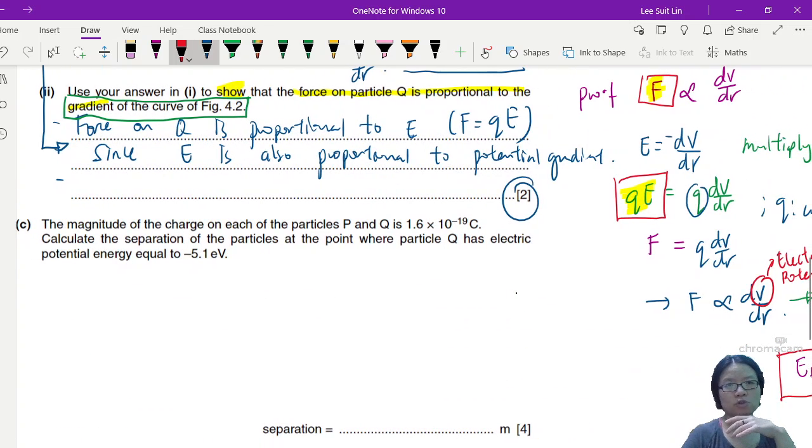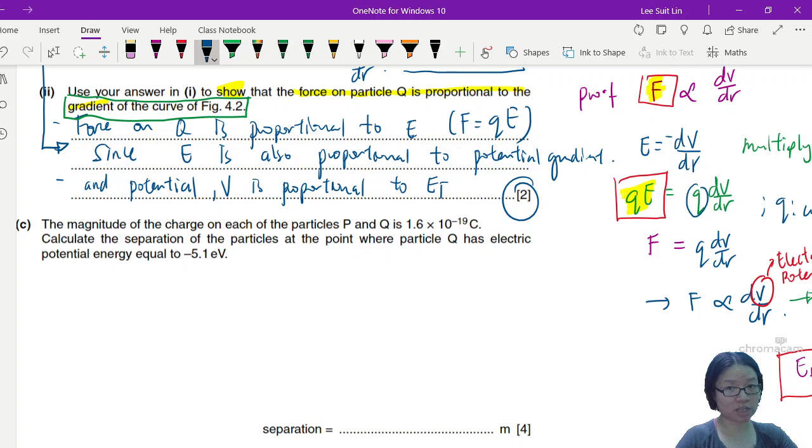Number 1, the force on Q is proportional, or directly proportional, to the electric field strength. Number 2, since E, the electric field strength, is also proportional to the potential gradient, and potential V is proportional to EP, your potential energy, hence force is proportional to the gradient of the figure 4.2.